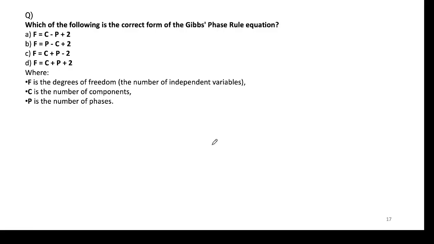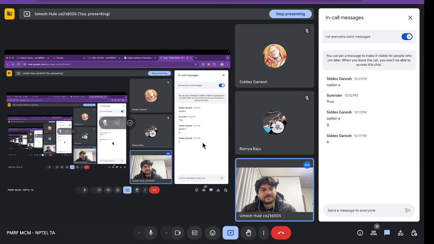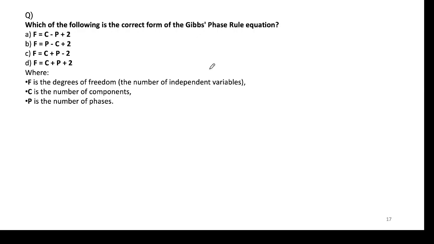So the next one is: which one of the following is correct for the Gibbs phase rule equation? You have options A, B, C, and D, where F is the degree of freedom, C is the number of components, P is the number of phases. Right? There is a rule. You just have to remember this. Try to answer.